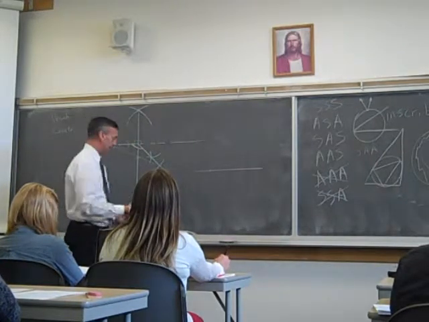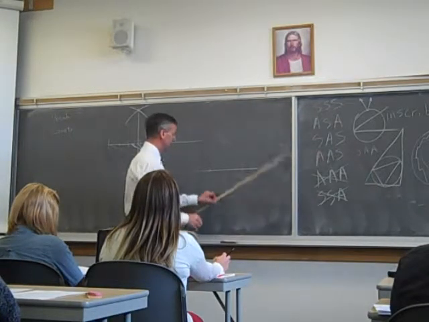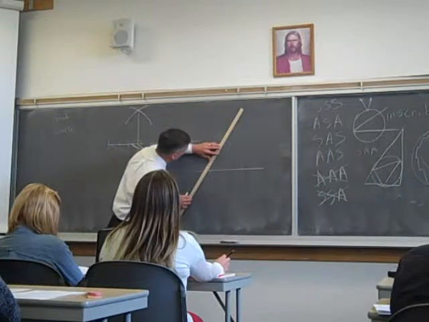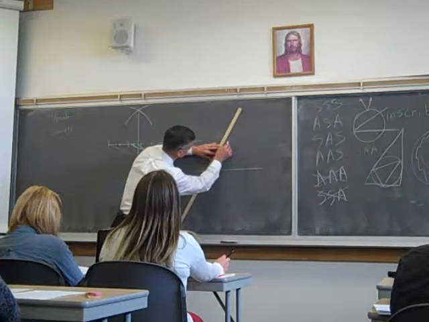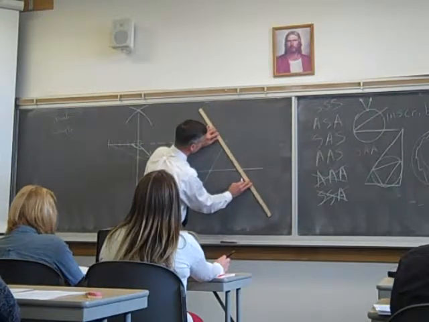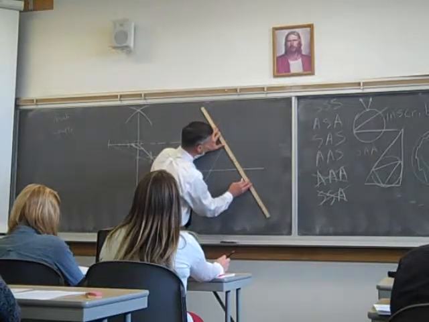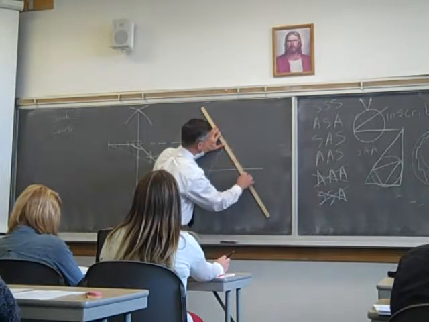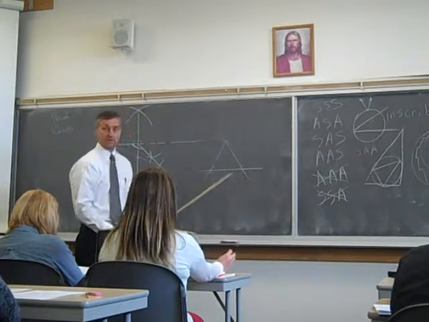Equilateral. And every equilateral triangle is also equiangular. You've got to account for the width of your chalk or your pencil. If you don't have a sharp pencil, that should be 60, 60, 60.